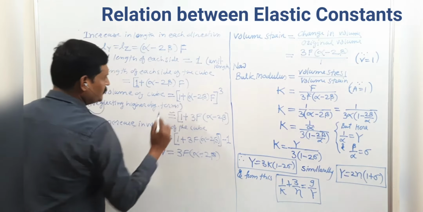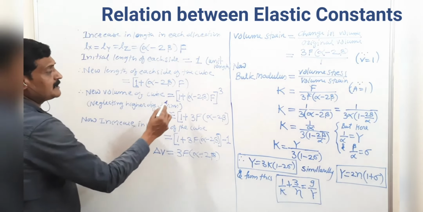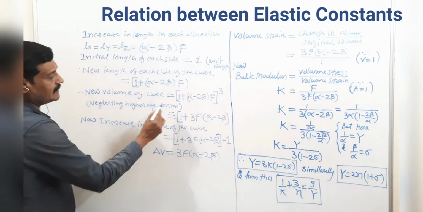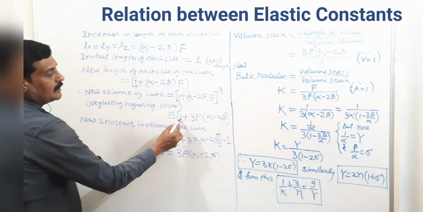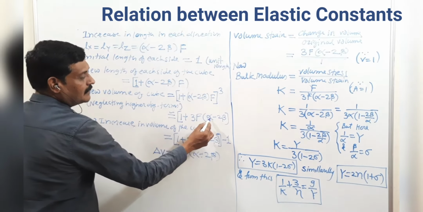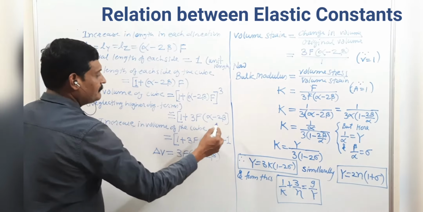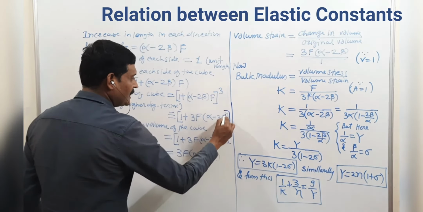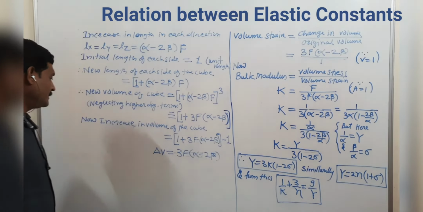So solve this cube, (a plus b) whole cube. By solving this and neglecting the higher degree terms, we get 1 plus 3f (alpha minus twice beta). Higher degree terms are neglected here.